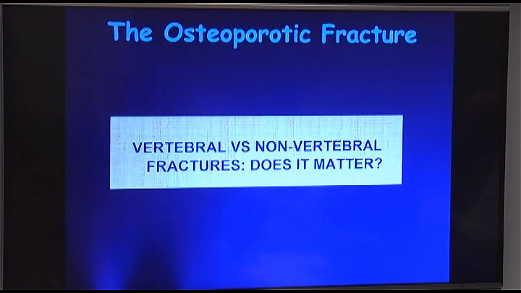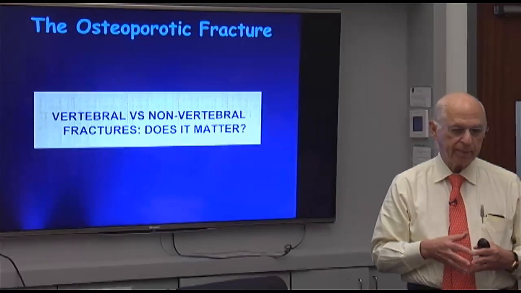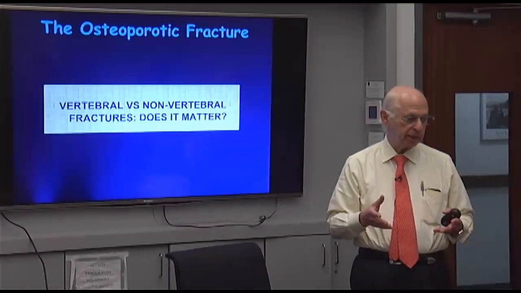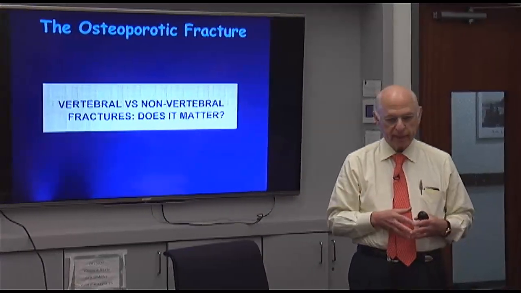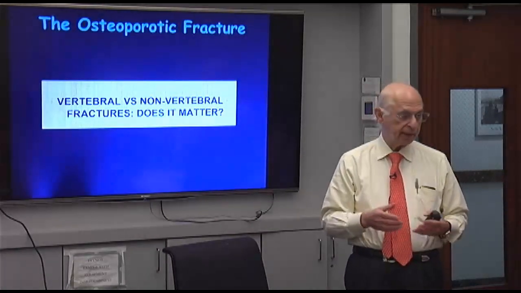I'd like to discuss, and this may seem very simple, but you need to have a pretty clear understanding of what we mean by vertebral and non-vertebral fractures, because as I mentioned earlier, the major clinical endpoint of all of the clinical trials that have led to the approval of the drugs we have available is the vertebral fracture.